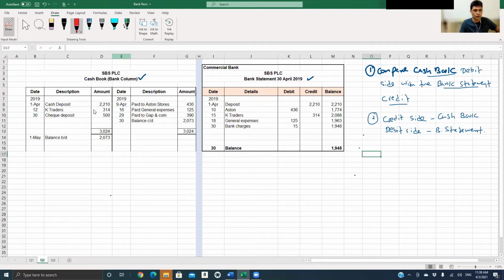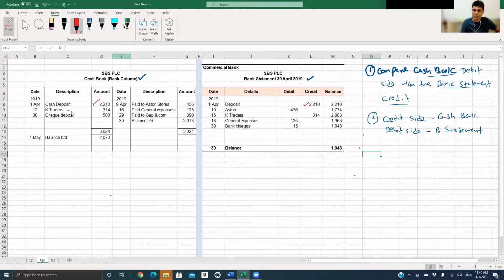So first of all, a cash deposit 2,210. Go to the bank statement and check whether it has been credited. Yes or no? Yes. So put a tick. It has been credited. Now, K Traders is our customer.